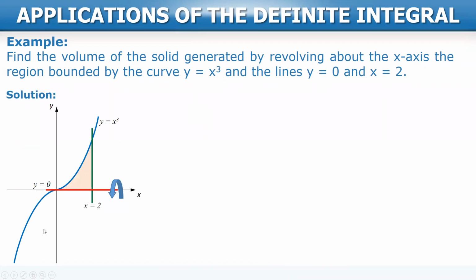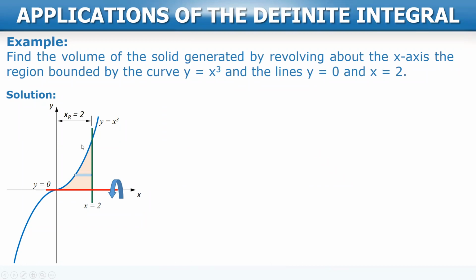So this is the region and you want to revolve it about the x-axis. Since our axis of revolution is horizontal, our strip must be parallel also. Therefore, we will use the horizontal rectangular strip. For a horizontal strip, our notation is XR and XL.